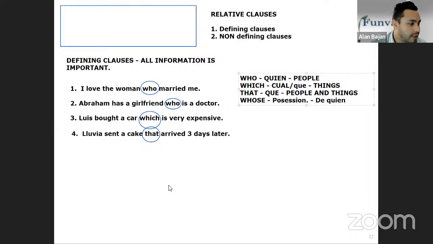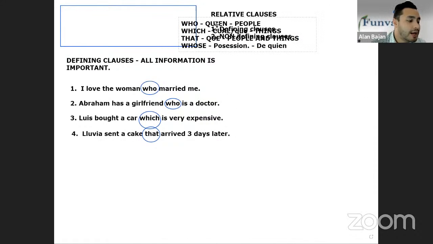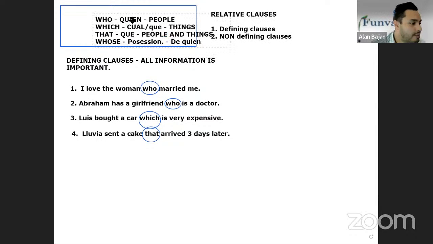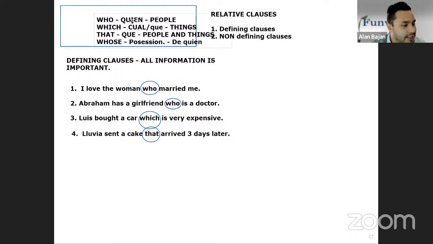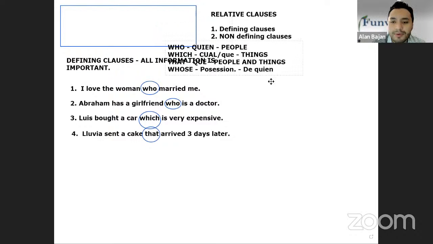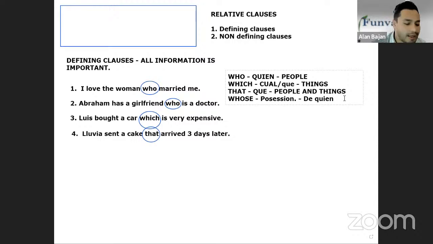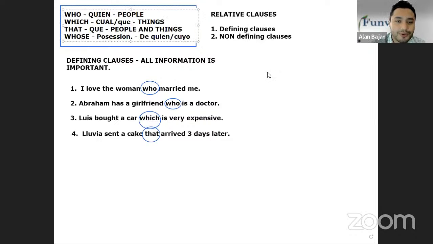So for example, in Esri's example, we don't write the apostrophe with who, but we use whose. La persona cuyo nombre es Patrick me ayudó con mi problema. Usamos cuyo, like del cual, to show possession. That's the main idea.